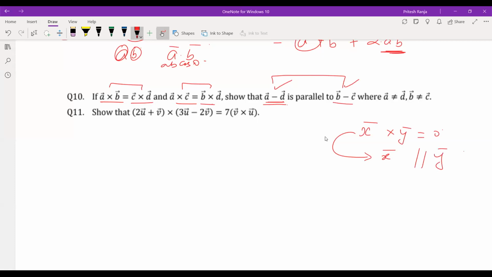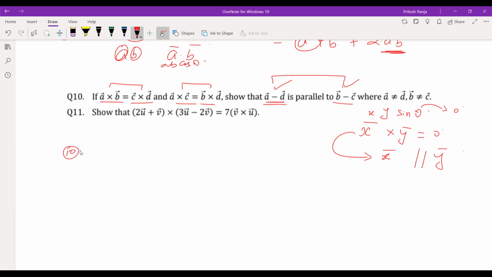Can anyone tell me? Can I say this x is parallel to y? Right? Because cross product means we have x into y into sin theta. When they are parallel, then only the angle will be 0 degrees, and then the cross will be 0. Right? So now we can take the cross.